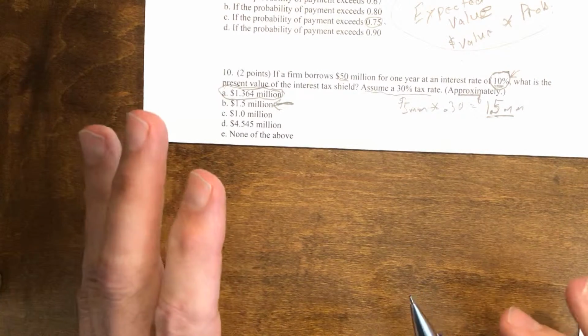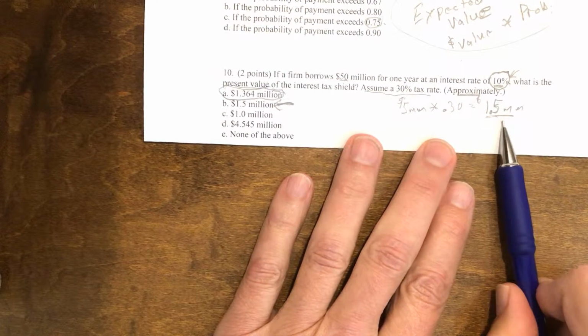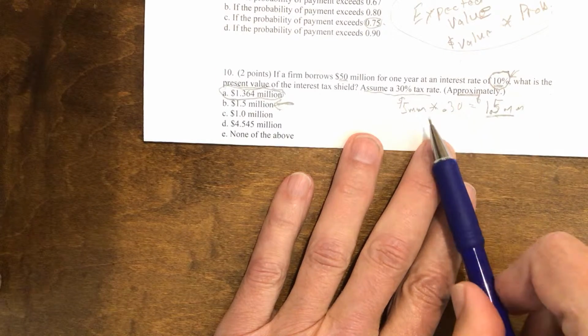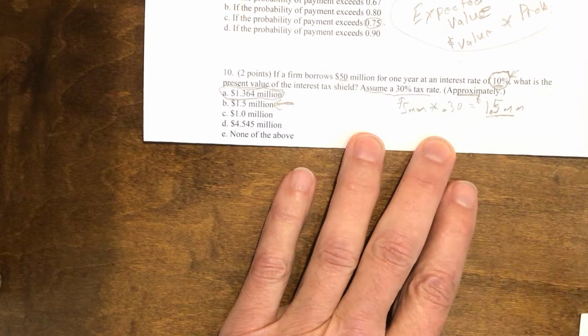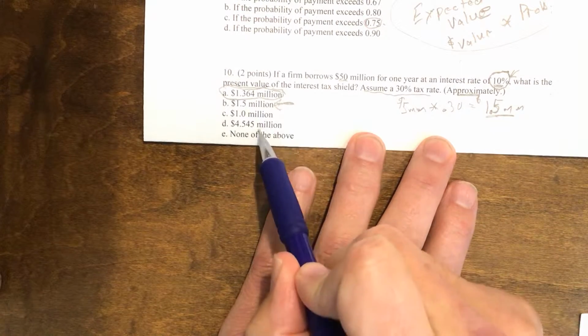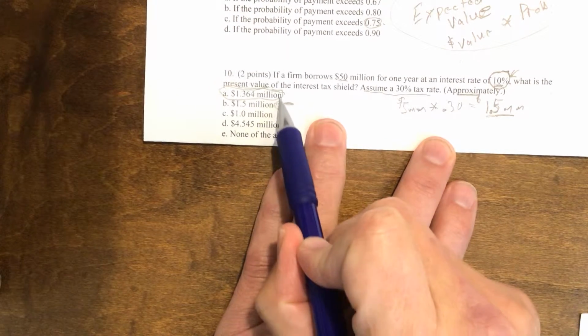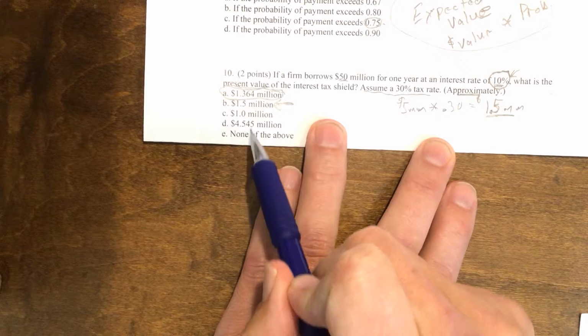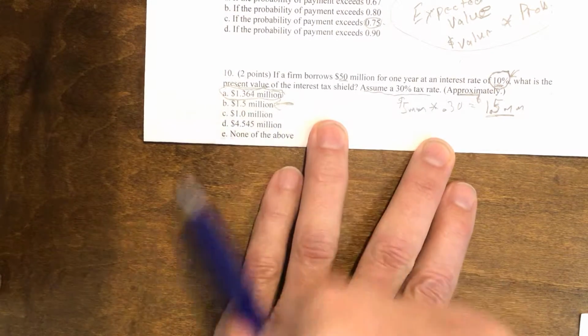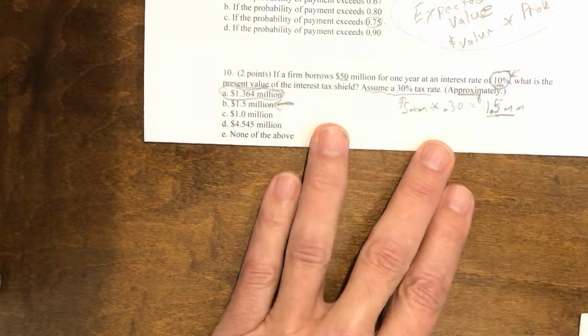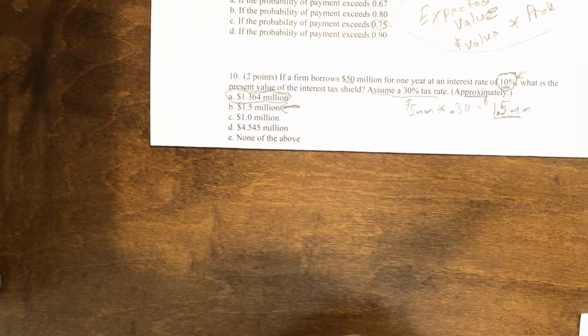But presumably, since you're really trying to get to tax savings, and taxes are paid over time, the tax savings are not going to be all at the front end, so you could look at it as something a little bit less than 1.5 million. Certainly not that, and it's not $500,000 less than 1.5. Okay, that's it for that one.